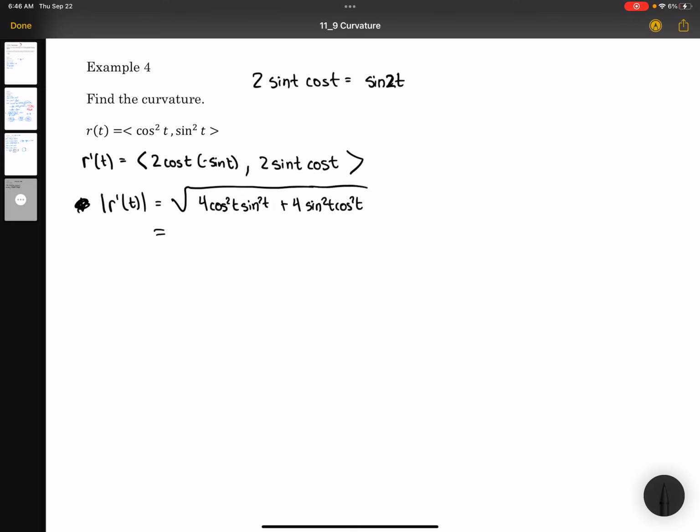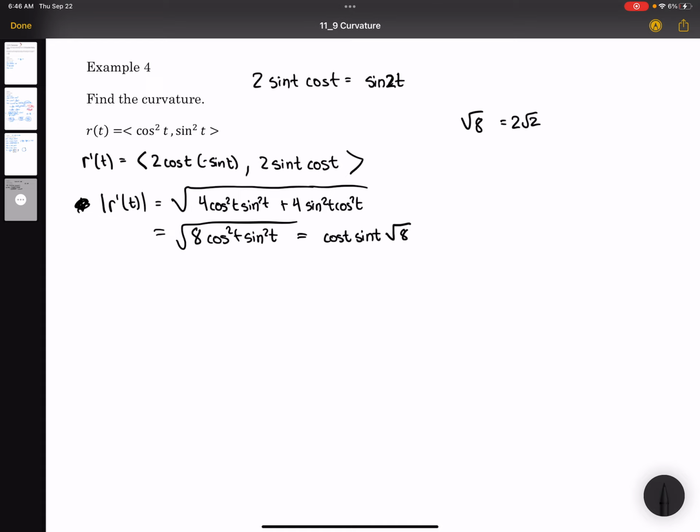So together it's the same thing really. So we get 8 cosine squared t sine squared t under the square root, which is just going to be cosine t sine t times the square root of 8. You could leave it as the square root of 8, even though the square root of 8 is 2 square root 2. I would just leave it as the square root of 8.